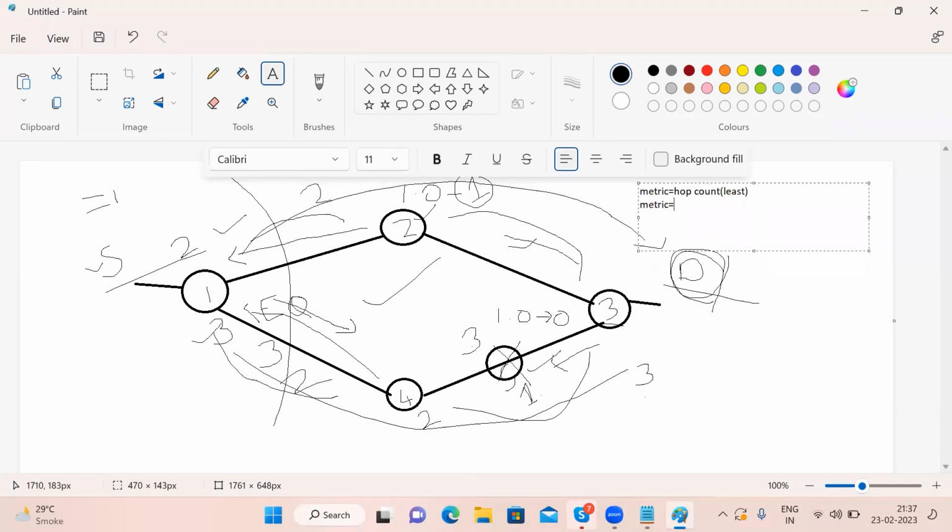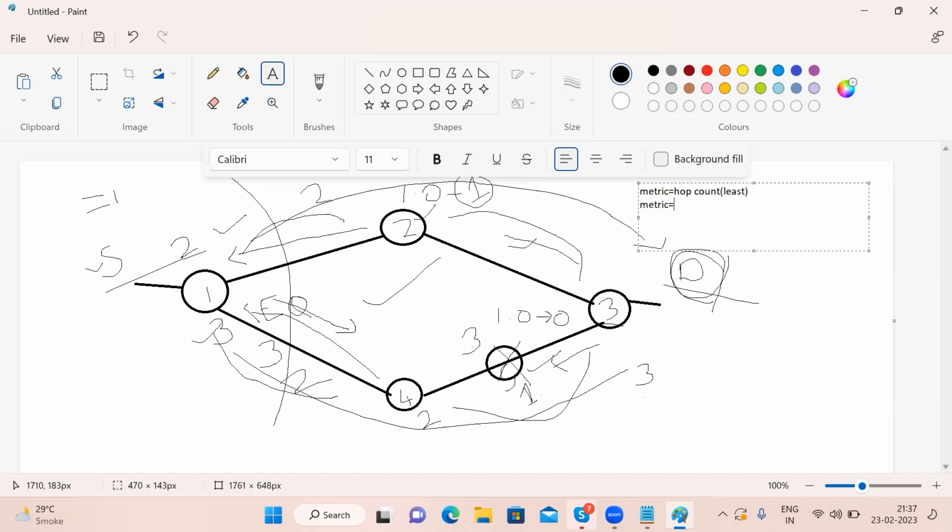You have already learned about EIGRP. Tell me, it's a basic question. Waiting for you. In EIGRP, I think bandwidth and delay.